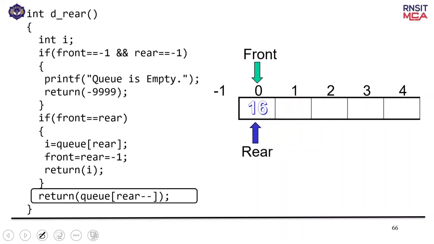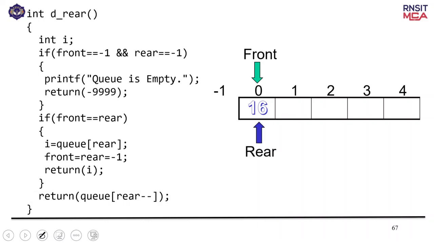So now observe, now there is only one element, and front and rear are equal to the same index value, that is 0. And remember, since we are inserting and deleting using the rear end, only the rear pointer is going to operate.